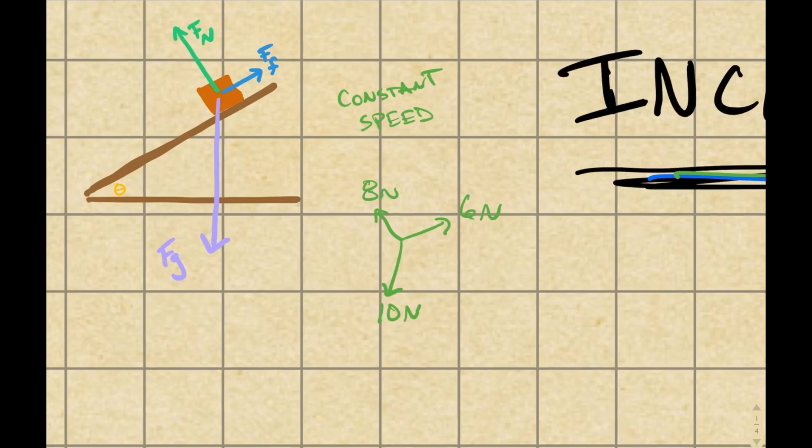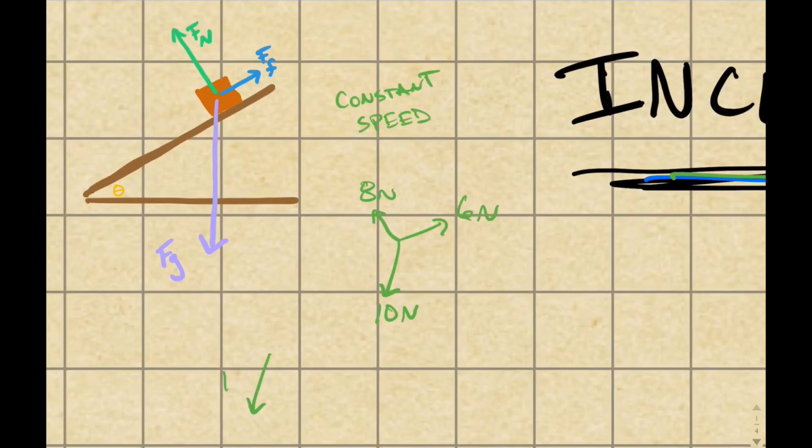Meaning, if you only had this 10 Newton vector pointing in this direction, how would you cancel it out? The only way to cancel it out would be another 10 Newton vector pointing in the exact opposite direction with the same magnitude, so that this angle right here would be 180 degrees.